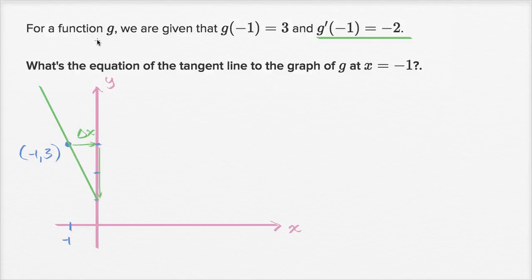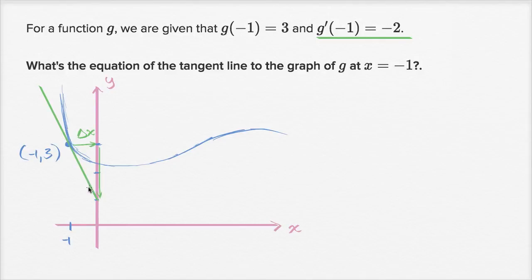And so you might say, well, where is g? Well, we could draw what g could look like. g might look something like this, where that is the tangent line. We could make g do all sorts of crazy things after that. But all we really care about is the equation for this green line.